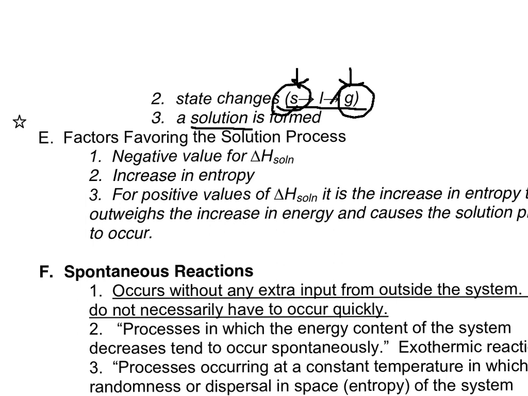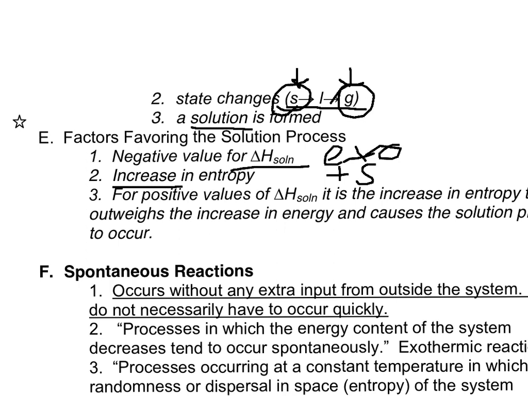Overall, solutions will most likely form when they have a negative delta H, or they're exothermic, and they have an increase in entropy, or a positive S value. S is a symbol for entropy. We'll talk about that more in a chapter down the road.